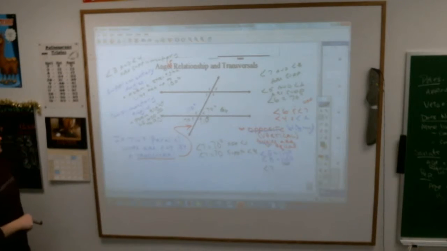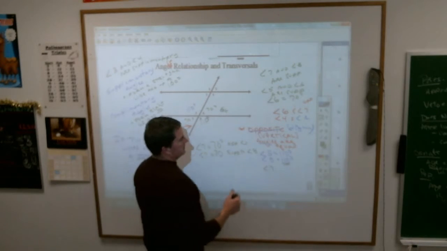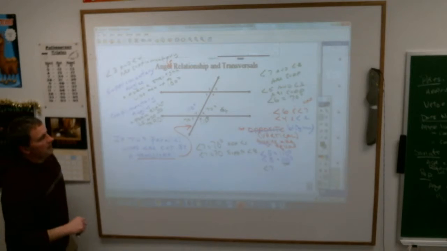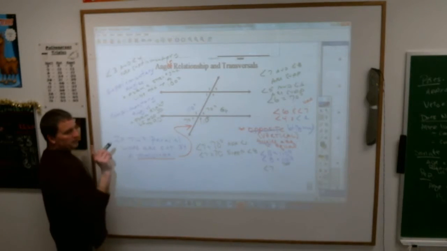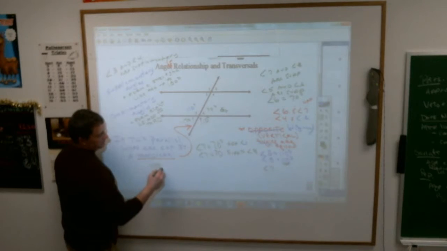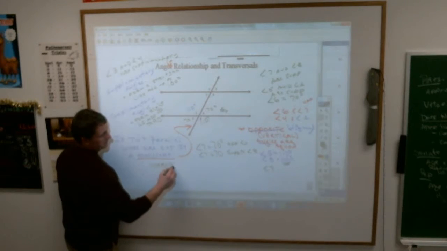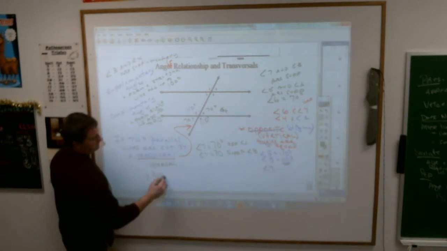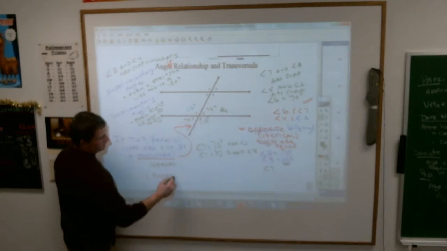Everybody's good with that. Now we get to the actual two parallel lines cut by a transversal. These are where it gets a little on the confusing side. Okay? First thing we have to talk about is what are interior angles and exterior angles.